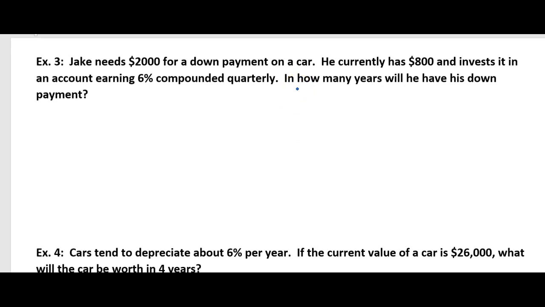Next, Jake needs $2,000 for a down payment on a car. He currently has $800 invested in an account earning 6% compounded quarterly. And how many years will he have his down payment? Well, here's the thing. Right now, the amount invested is $800. He needs $2,000.